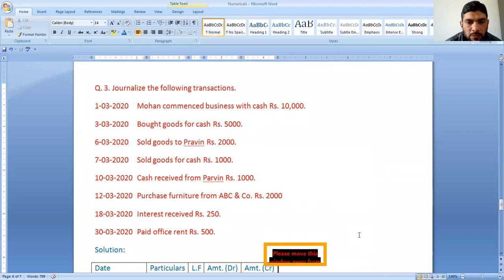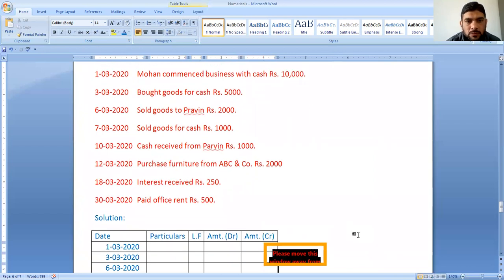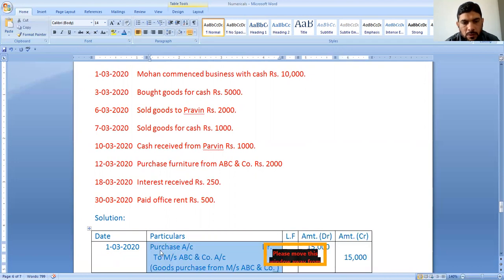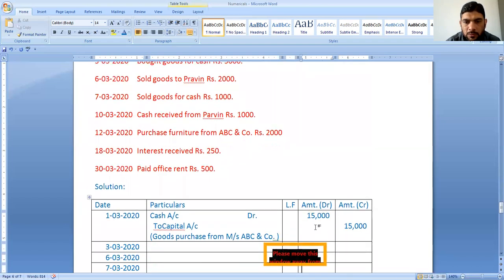So we have to make this transaction first, that is cash account will be debited and capital account will be credited. To capital, the amount is 10,000.